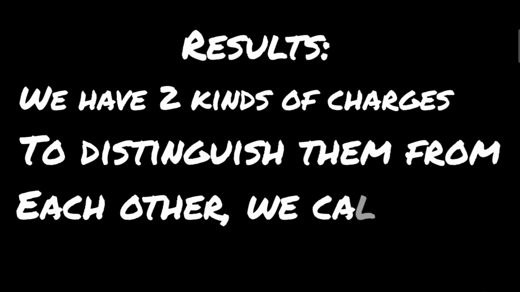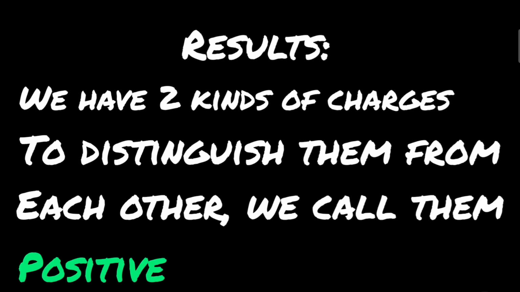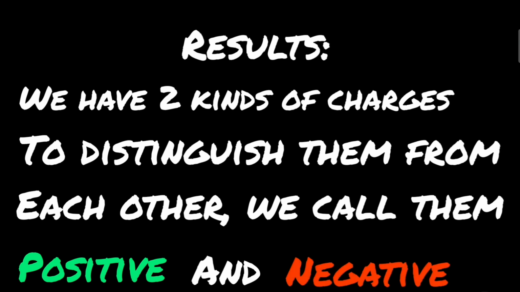So from these observations, it is obvious that unlike the gravitational force that was always attracting, in this case the resulting force could be both attracting and repelling. Therefore, we say we have two kinds of charges that we call positive and negative charges.